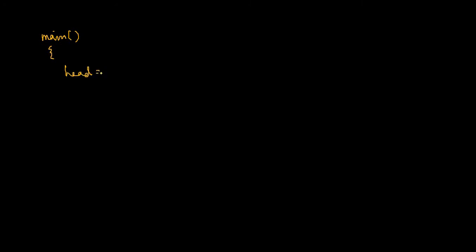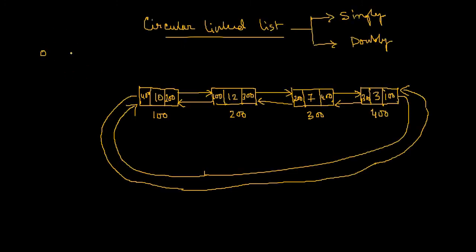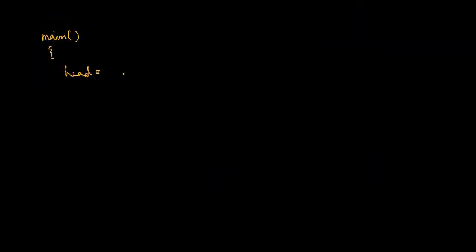Obviously I need a head node, because if I consider there are a lot of points over here, and they are in this fashion, among all these points one must be the head from where I will start. So that's why obviously we'll have a create function with head.